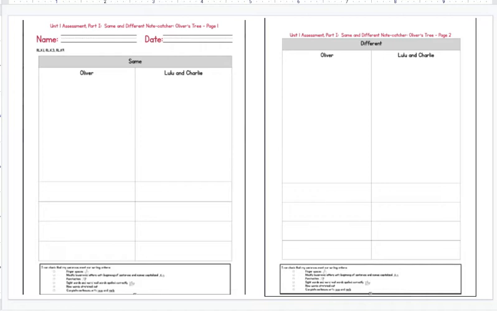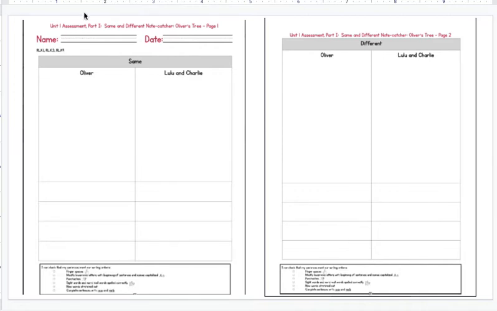None of your teachers are going to be looking for perfect spelling. If you can't figure out something, that is okay. What we're going to be looking for is you trying your best to think about how the characters are the same and different, and you trying your best to spell your sight words, to sound out new words, and to write a whole sentence, okay?